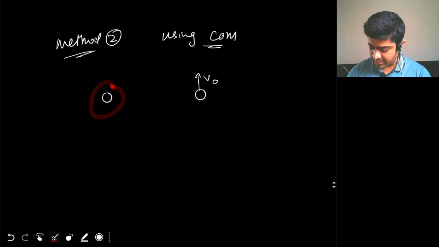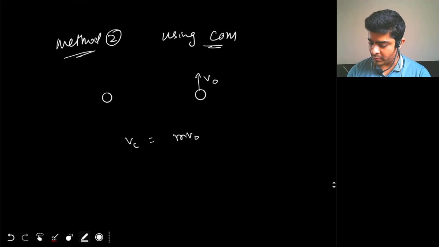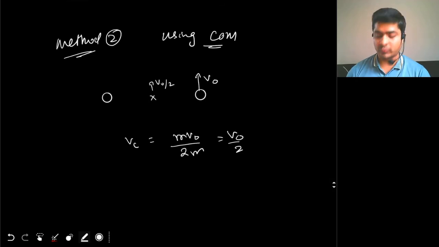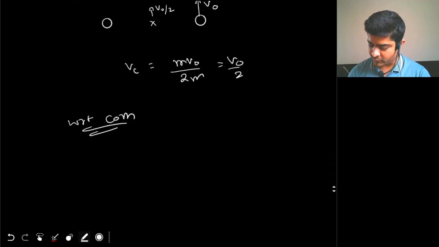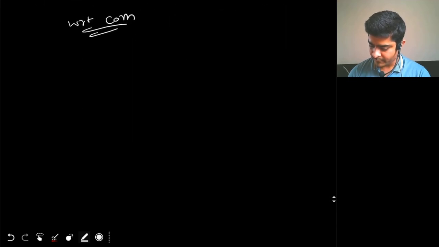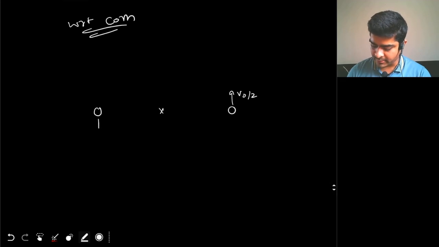So VC will be mv naught by 2m, that is v naught by 2. So the center of mass has velocity v naught by 2. With respect to the center of mass, this is my center of mass and these are the two spheres. This one will have velocity v naught by 2 upwards, and this one will have velocity v naught by 2 downwards.